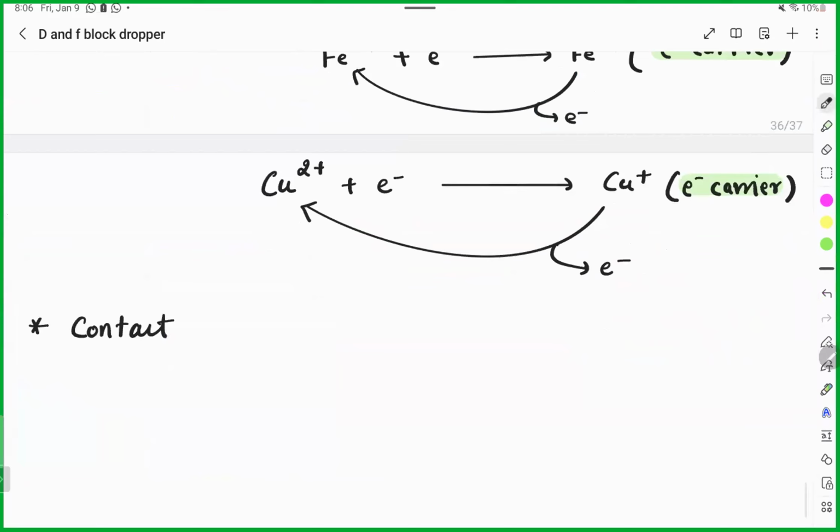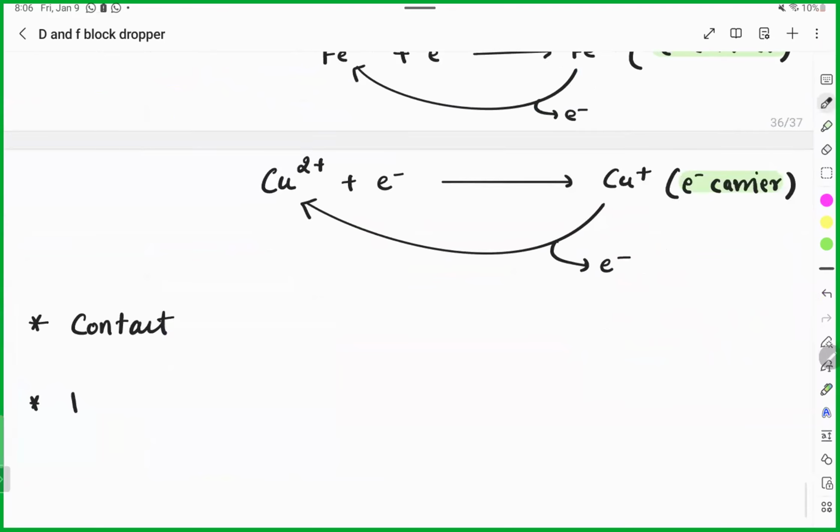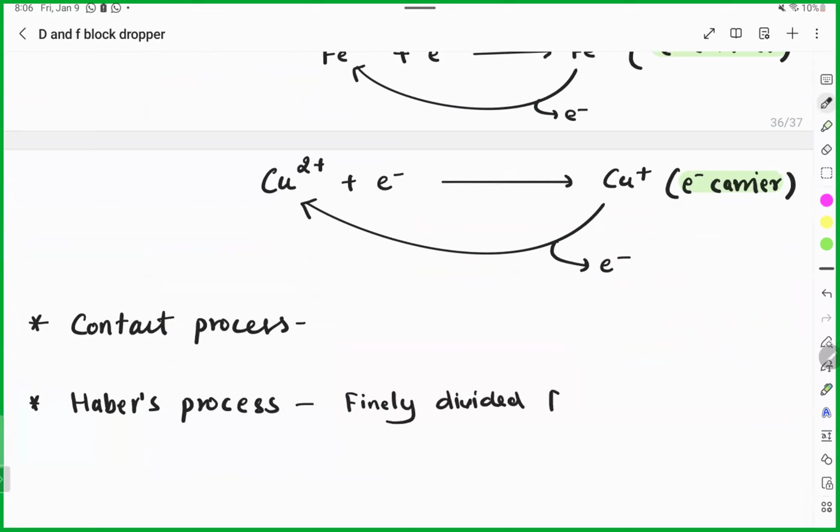Which one do we use in Haber's process? Iron. We use iron. Very popular.